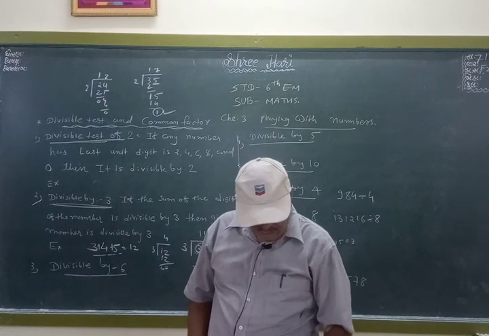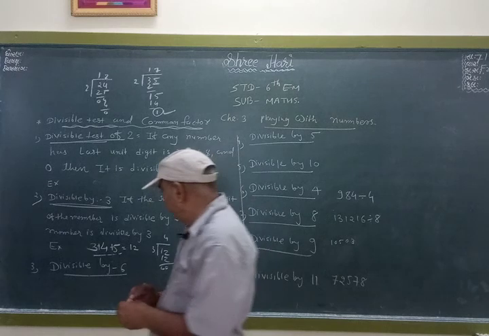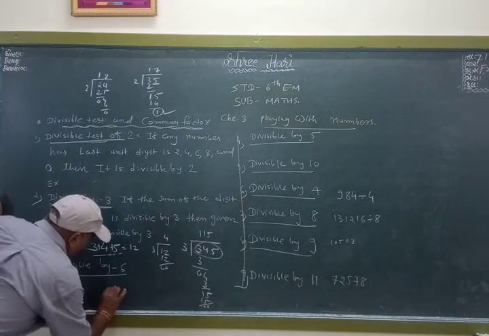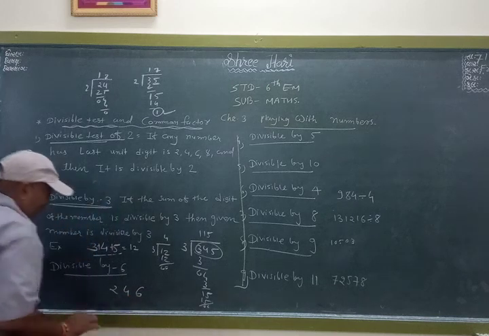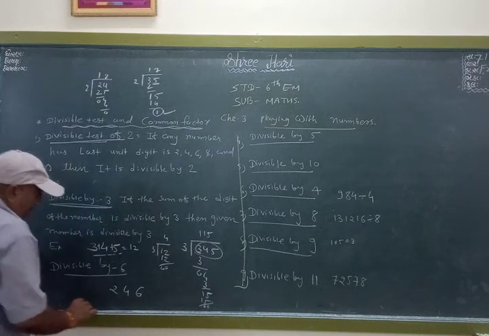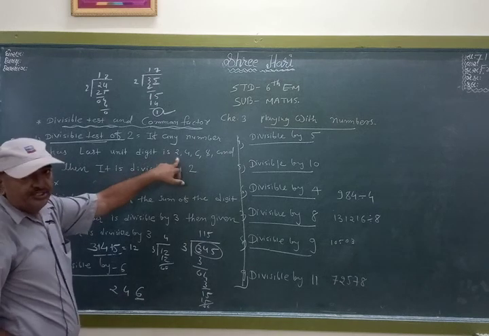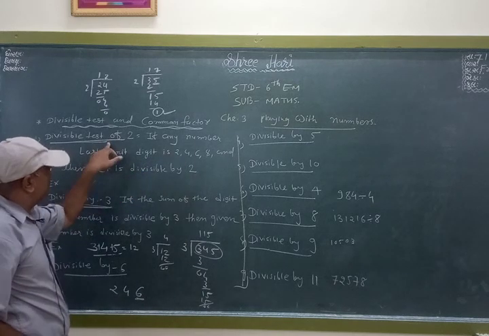How? Suppose here 2, 4 and 6. So here last unit digit is 6. It satisfies the divisible test of 2.